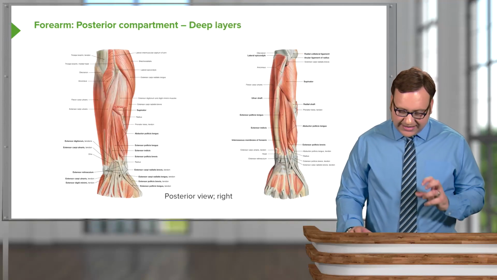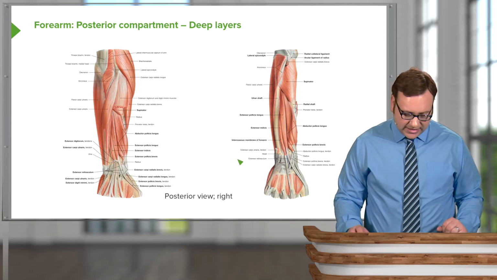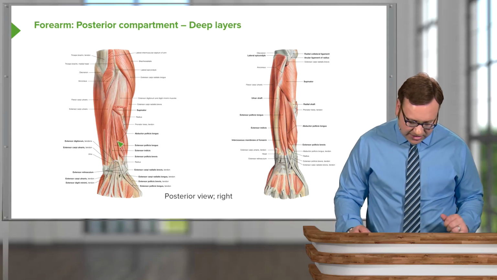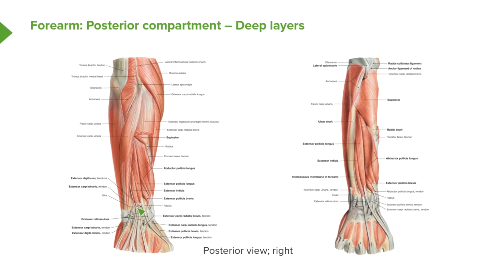So if we dig a bit deeper and remove some of these middle and superficial layers, we can actually see the deeper muscles. Here we can see the tendons of extensor digitorum have been cut away, so we can look into this deep aspect. We can see abductor pollicis longus here. We can see extensor pollicis longus, extensor indicis.